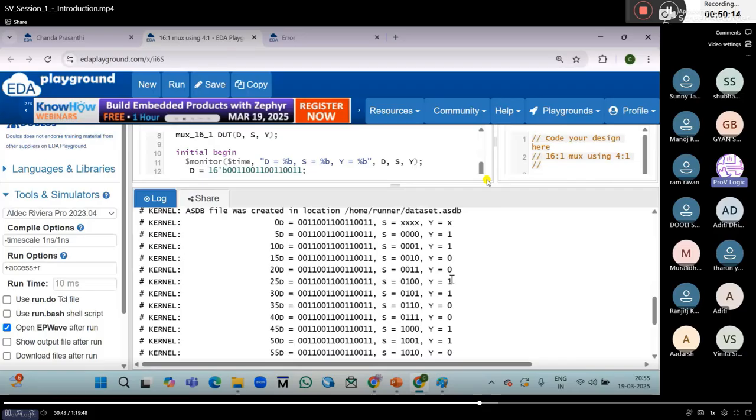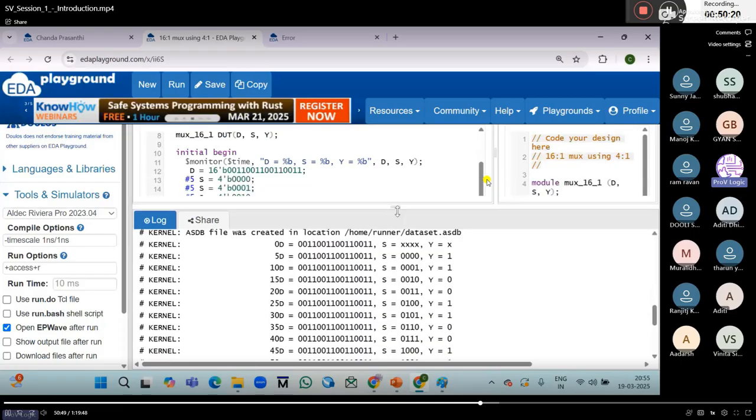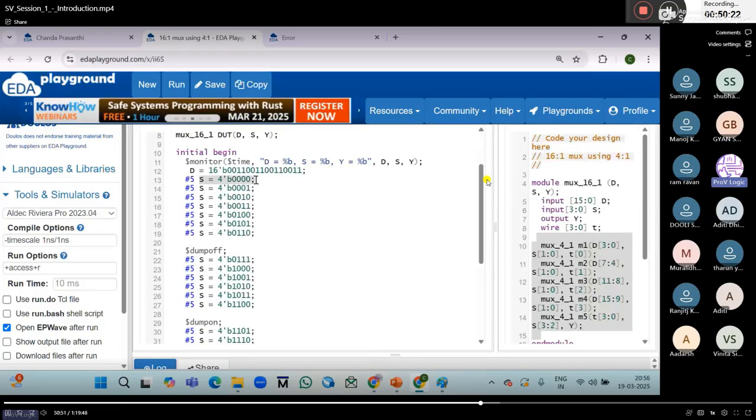To avoid this, we use $random. Instead of assigning s equal to some value, we can directly put $random. Even if we put $random, in most cases controllability is not possible in Verilog HDL.